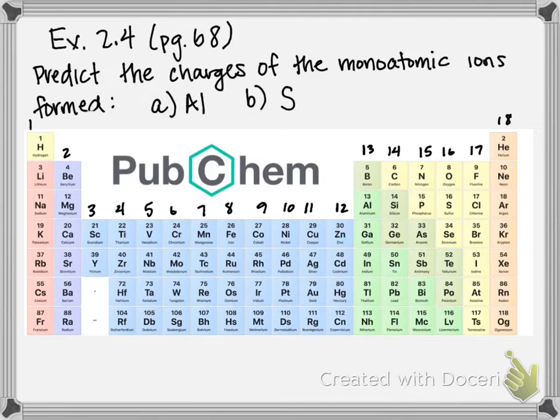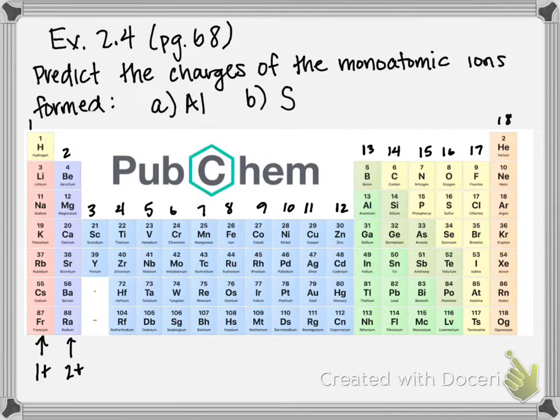These typically all form ions with a 1+ charge, meaning that they lose one electron to become a positive 1 charge. For Group 2 or the alkaline earth metals, most of these are going to lose 2 electrons to form ions that are 2+ in charge.